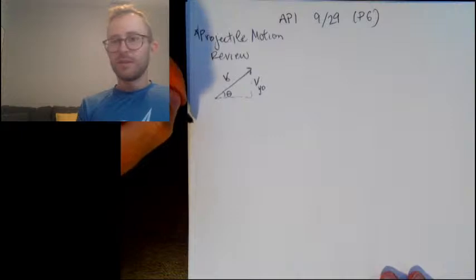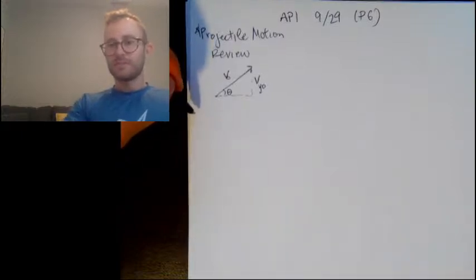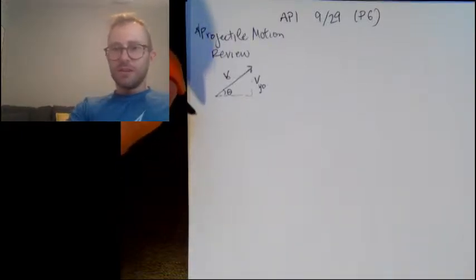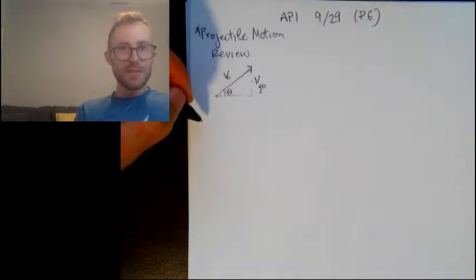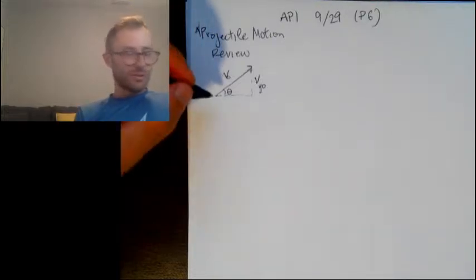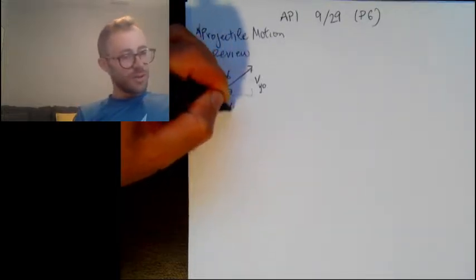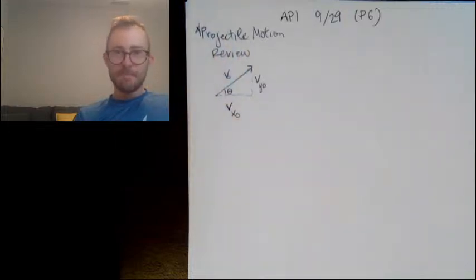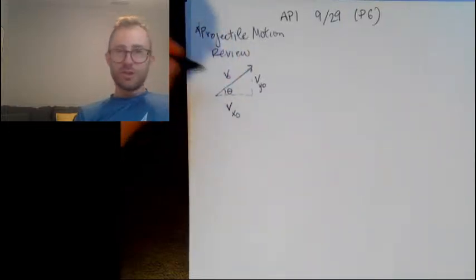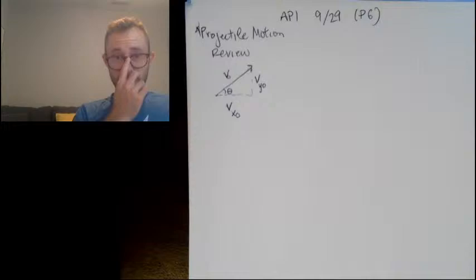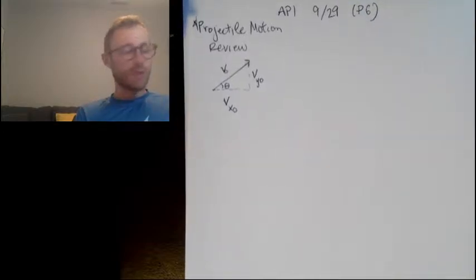And part of that initial velocity is horizontal, so we'll call that vx0. Okay? And we use trigonometry to get the values of those initial x and y velocities.